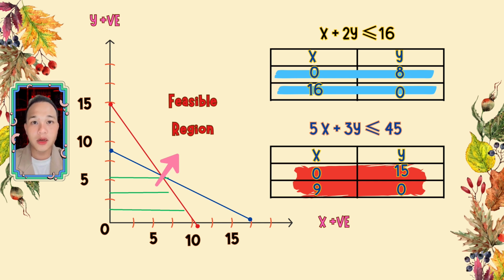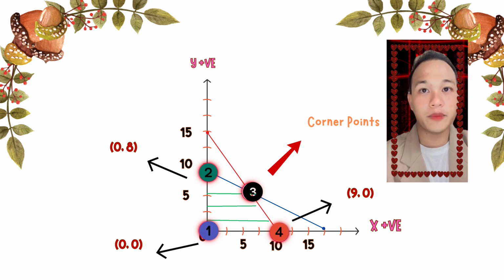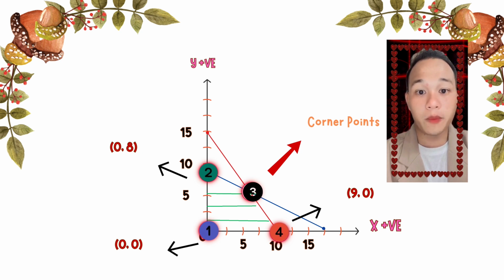In particular, the optimal or best solution will occur at an extreme point or a corner point of the feasible region. These are the corner points of the feasible region. Let's label them 1 to 4. The optimal solution to this linear programming problem will occur in at least one of them.